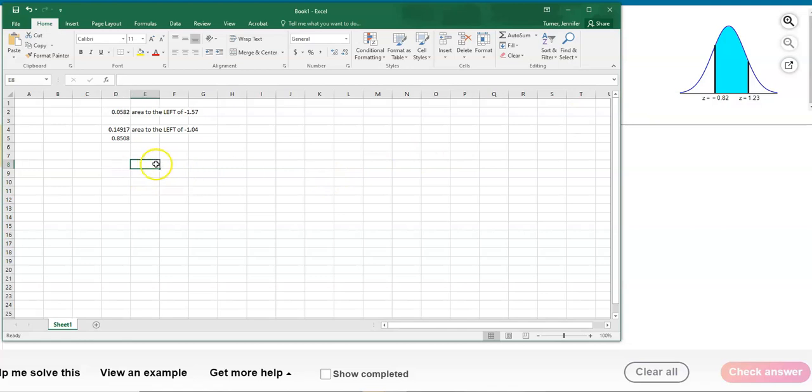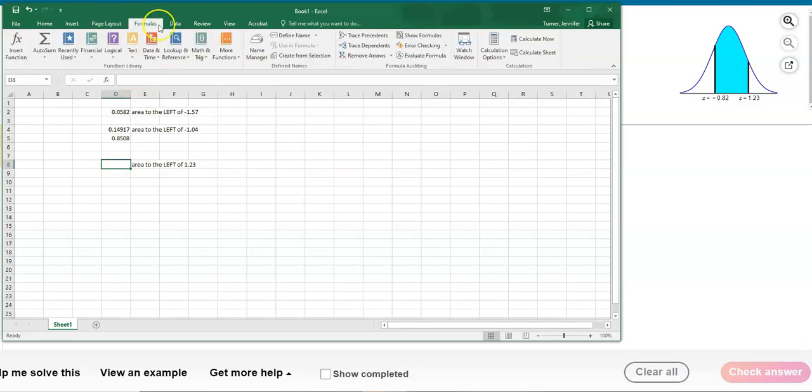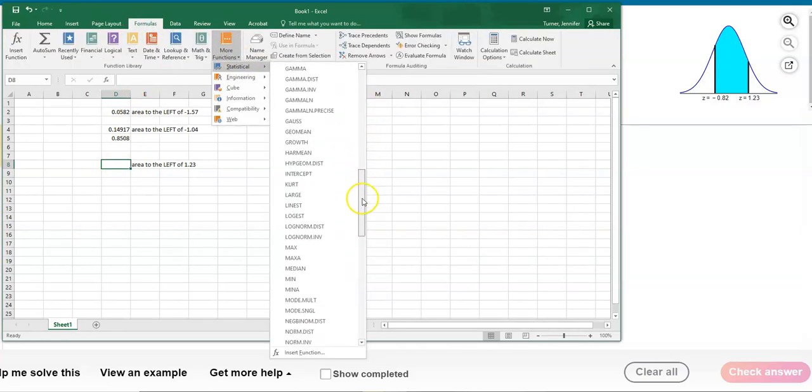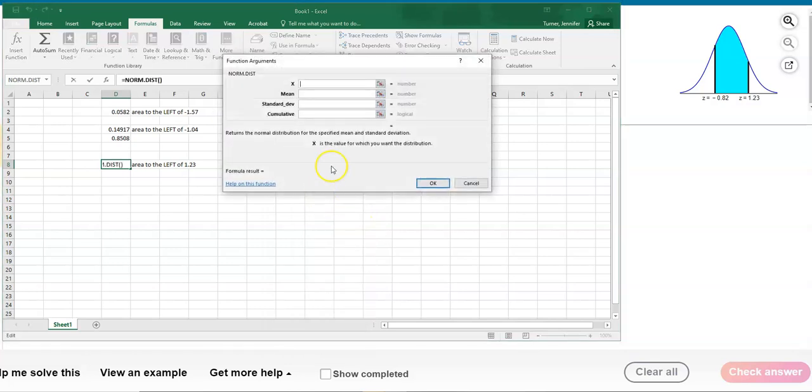So let's see how that works. First, let's find the area to the left of the 1.23. We do that the same way we did before. Formulas, more functions, statistical, norm dist. This time the x is 1.23, the mean is 0, the standard deviation is 1, cumulative is true.